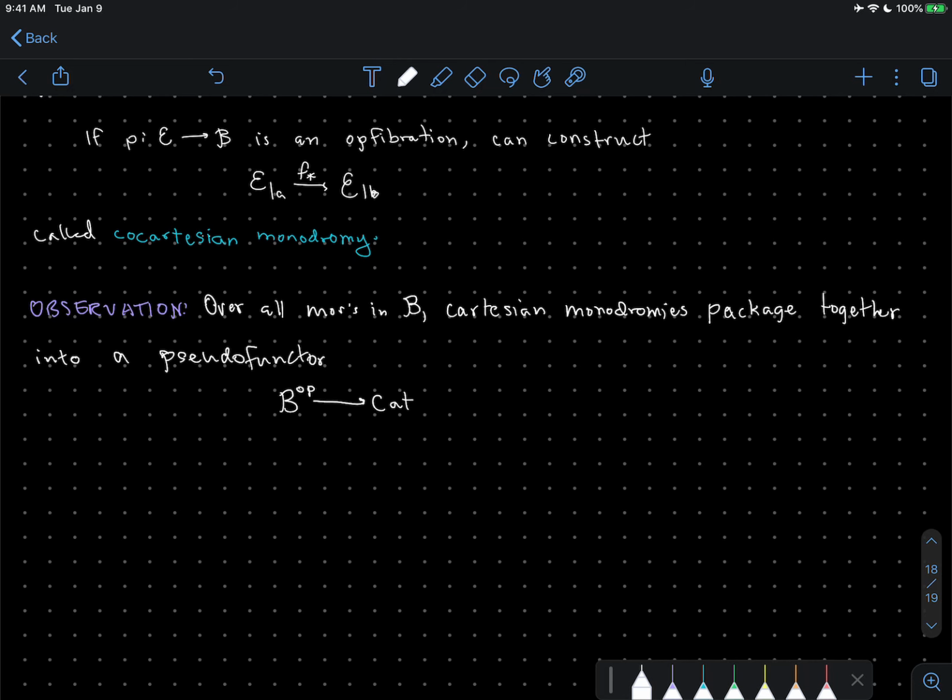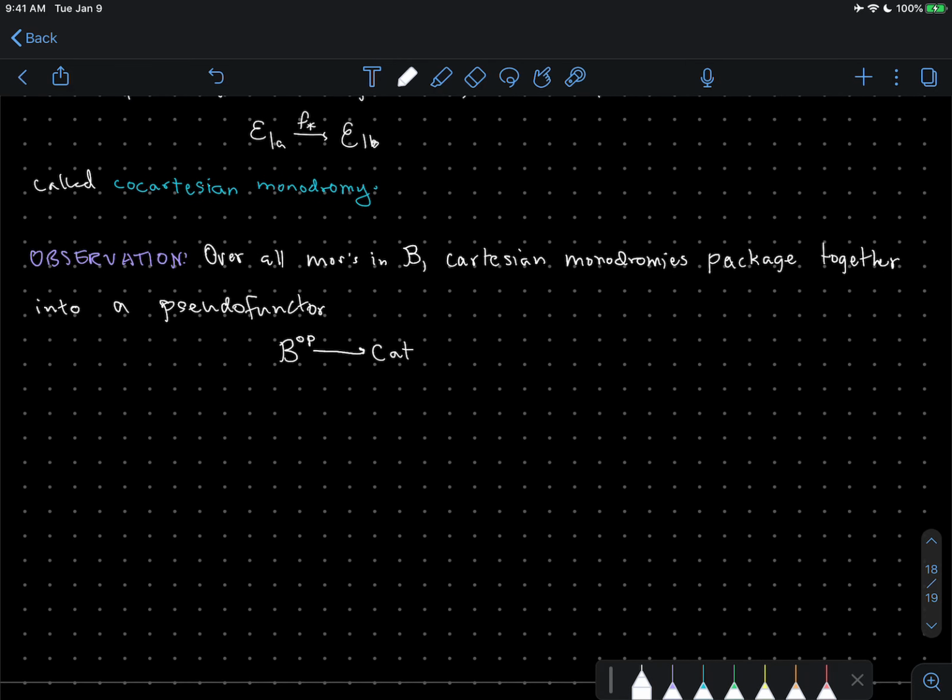So there's actually an equivalence of categories between fibrations over B and pseudofunctors from B op to Cat.